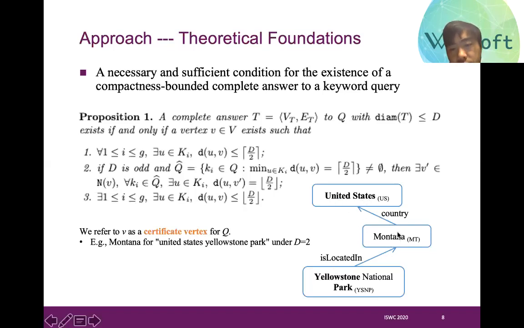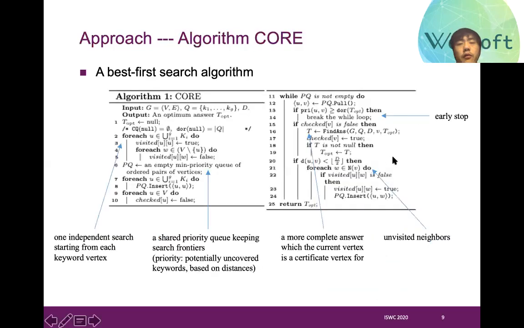So based on their distances, and using this proposition, we know that we find this special vertex, this certificate vertex, and this vertex is fairly close to all the keywords in the query, so we can immediately decide that such an answer exists, and then we can easily construct such an answer based on the computed distances. So with this proposition, now we introduce our algorithm.